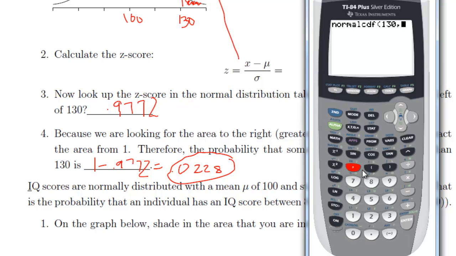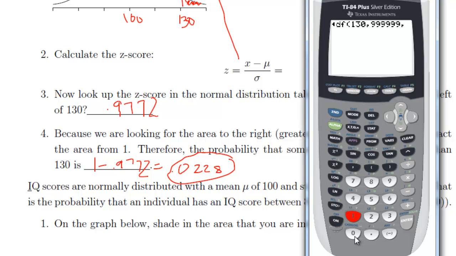And then when we want the area to the right, for my upper bound, I just put in a very large number. So I'll enter maybe a couple nines, maybe 6 nines, comma. So I have lower bound, comma, upper bound, comma, and then I want the mean, and then the standard deviation.